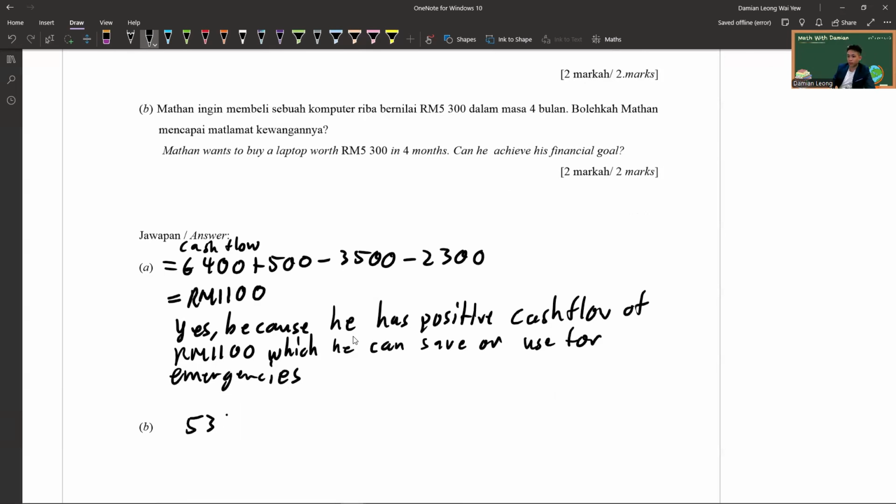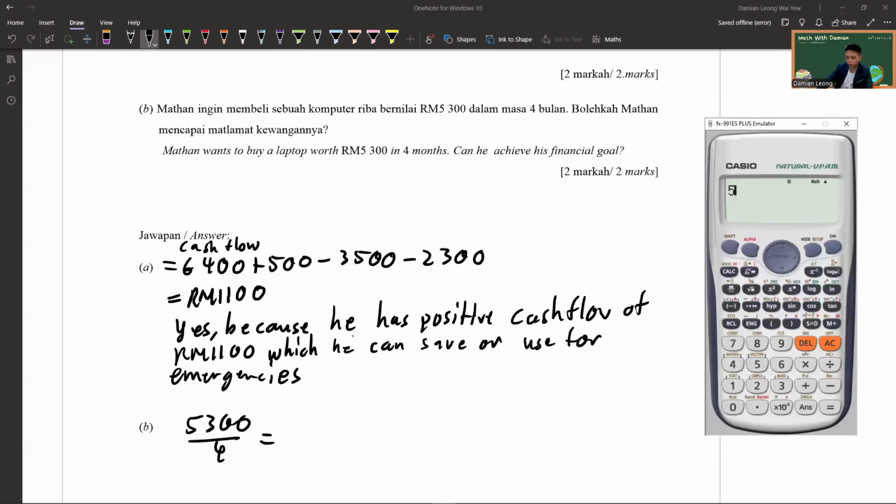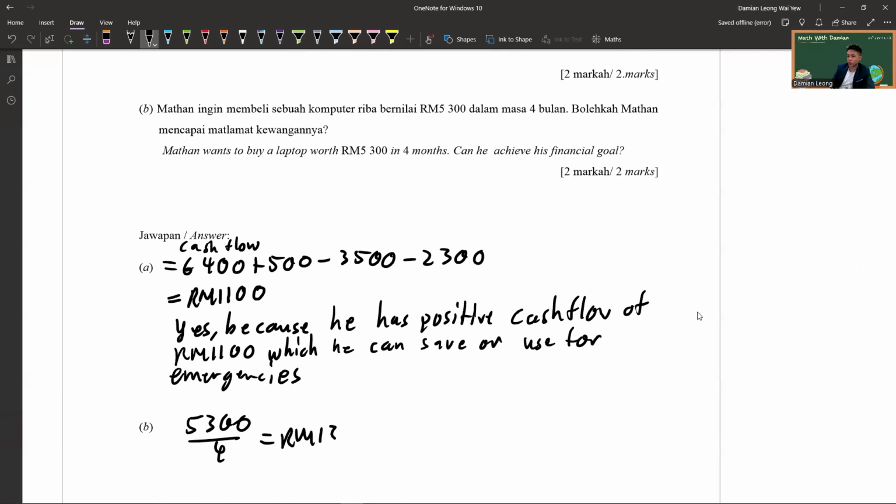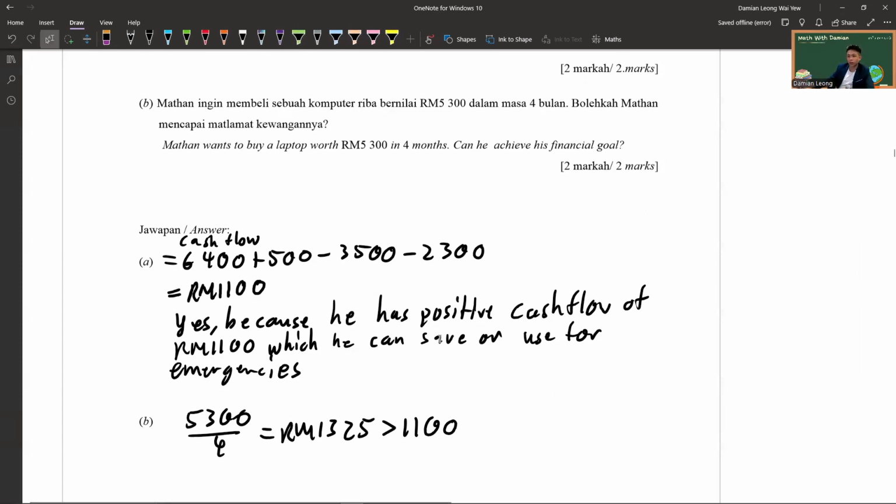So if I take 5,300 divided by 4, 5,300 divided by 4 is 1,325. So you can see it's more than the 1,100 positive cash flow that he has. Okay. Yeah.